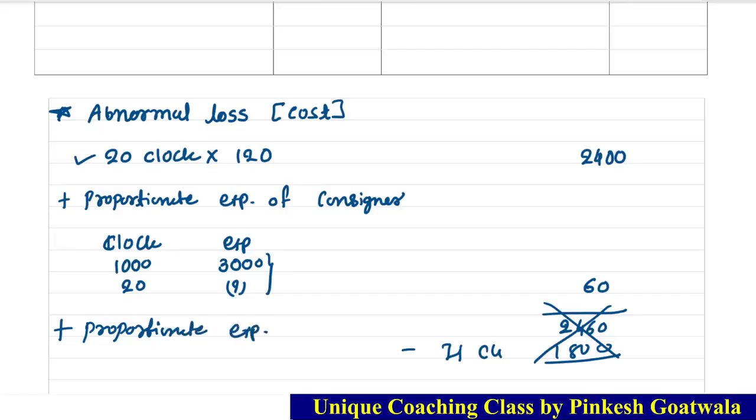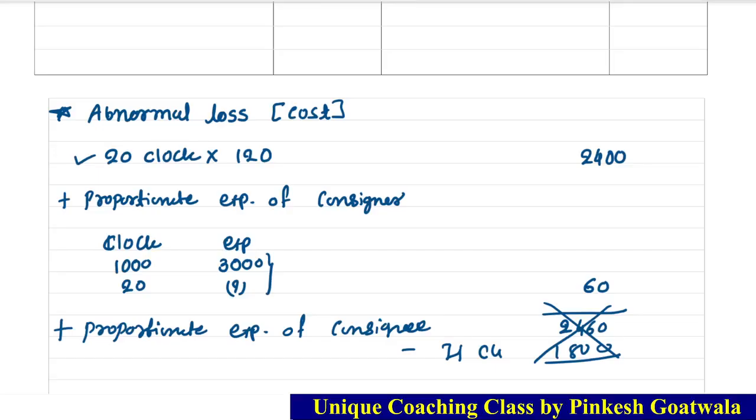In this sum we have to add the expense of the consignee also. Now why? In the last two sums we didn't add the expense of the consignee; we only added the expense of the consignor. We add the consignor's expenses to stock, but we did not add them in abnormal loss.